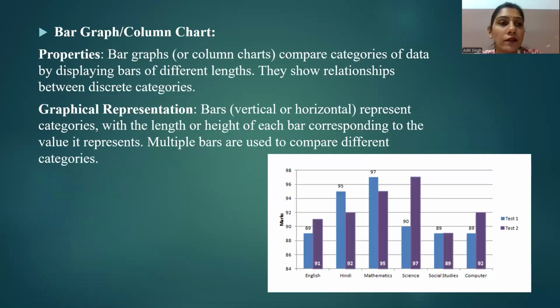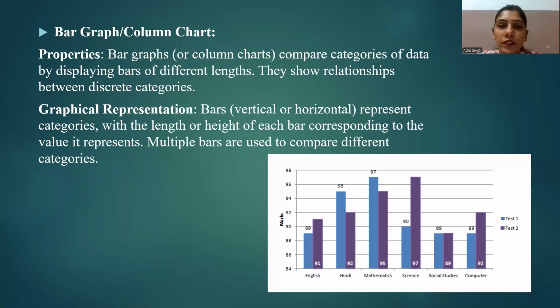Now let's start with the bar graph, or bar diagram. Bar diagrams are commonly used while presenting large data in a statistical form. So what is the meaning of a bar diagram?